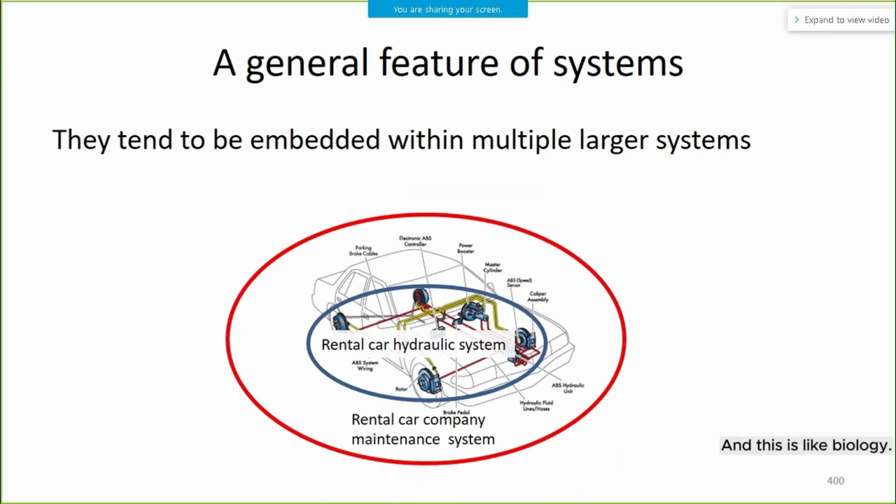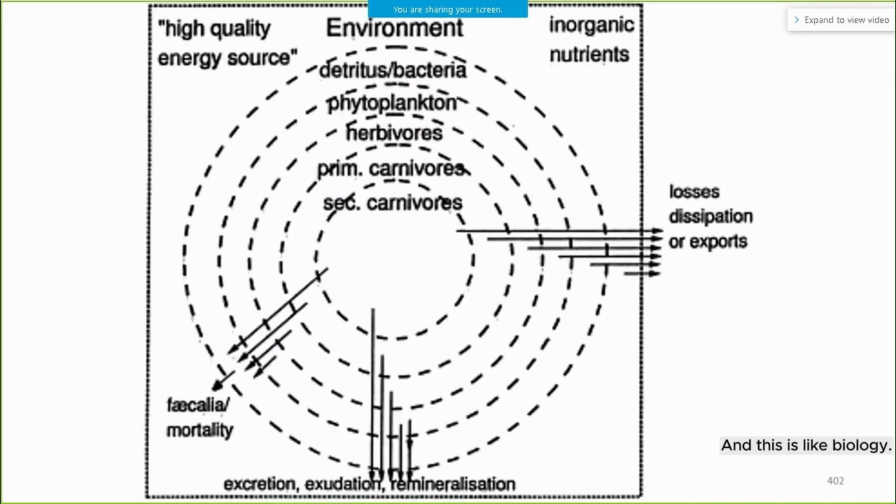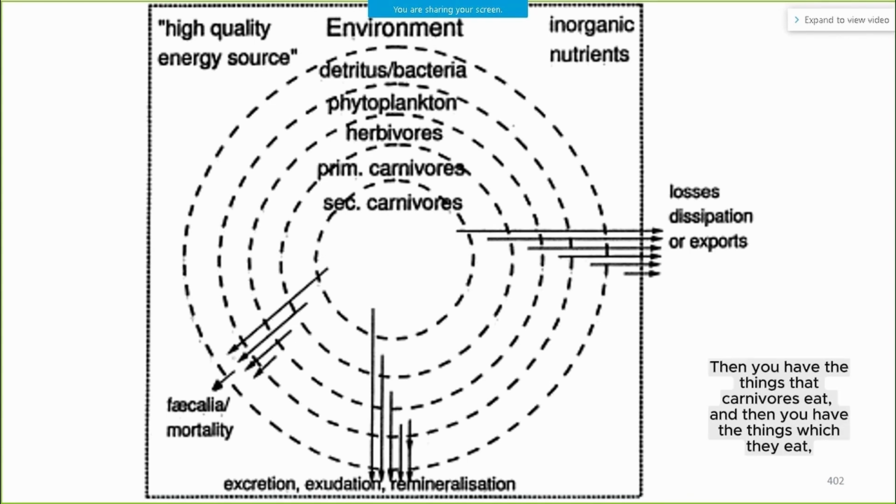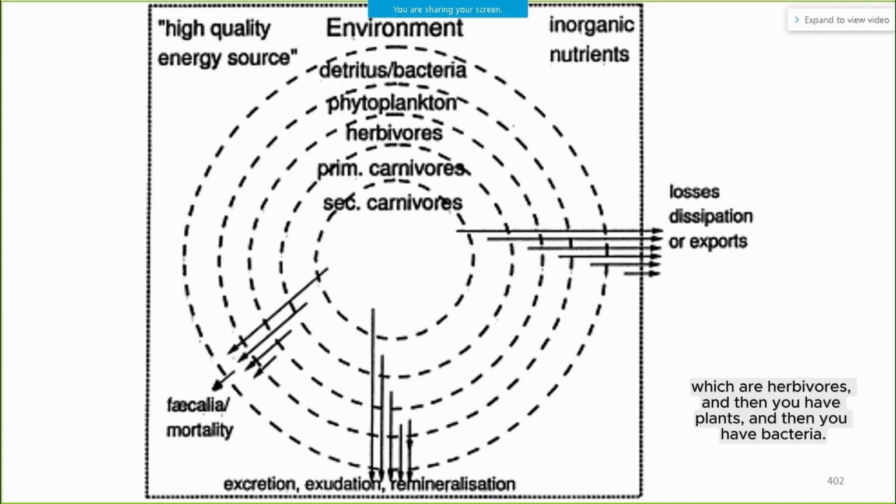And this is like biology. So you have carnivores like you and me, or at least I hope you and me. And then you have the things that carnivores eat, and then you have the things which they eat, which are herbivores, and then you have plants, and then you have bacteria. And then you have the environment, which contains inorganic nutrients.